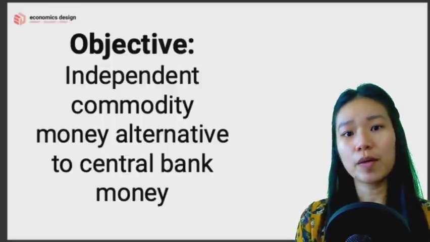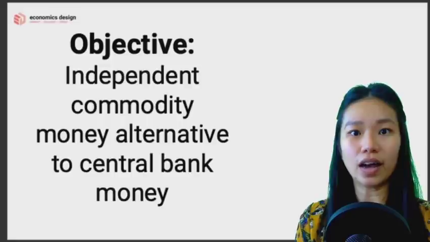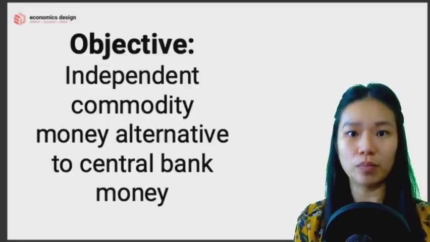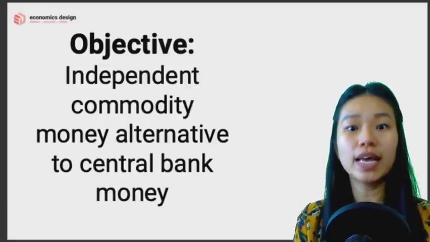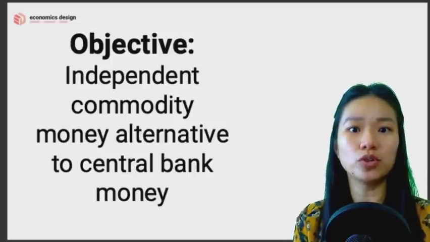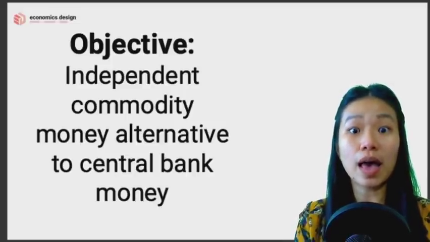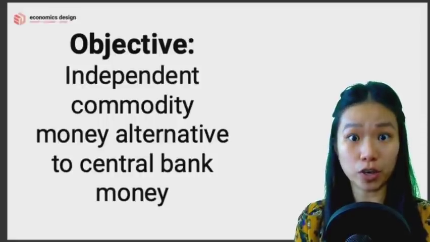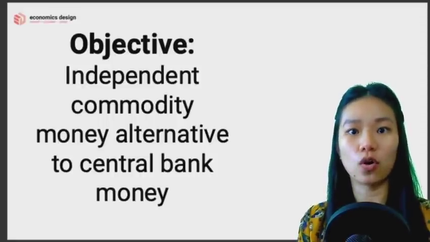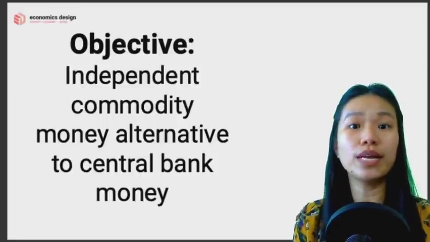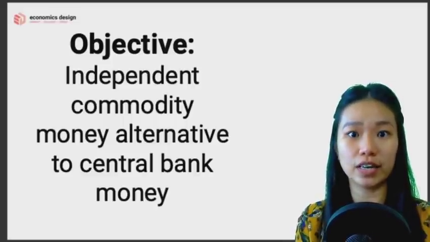The thing about central bank money is that although central banks are independent, mostly independent from the rest of the government, they still have to succumb to all these political pressures. And why are there political pressures? Because the government has to be re-elected in a democracy kind of country.